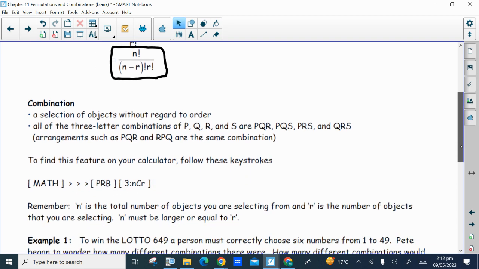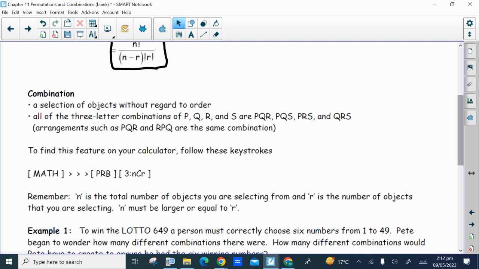So a combination is a selection of objects without regard to order. All of the 3-letter combinations of P, Q, R, and S are given there. There's only 4 3-letter combinations. So in this case, you are selecting 3 from 4, so that would be 4C3.